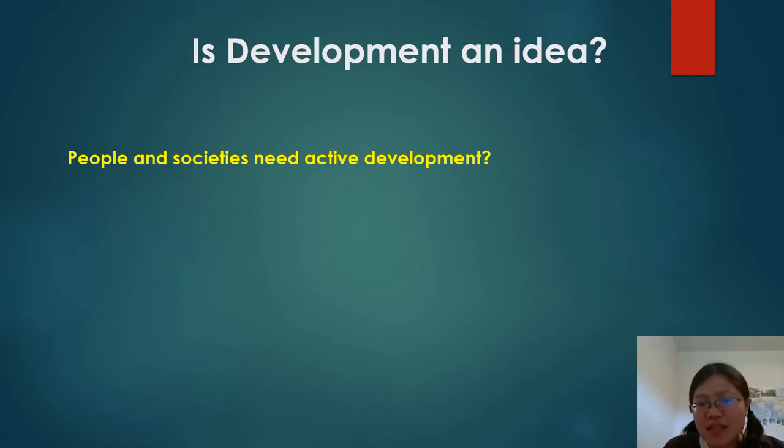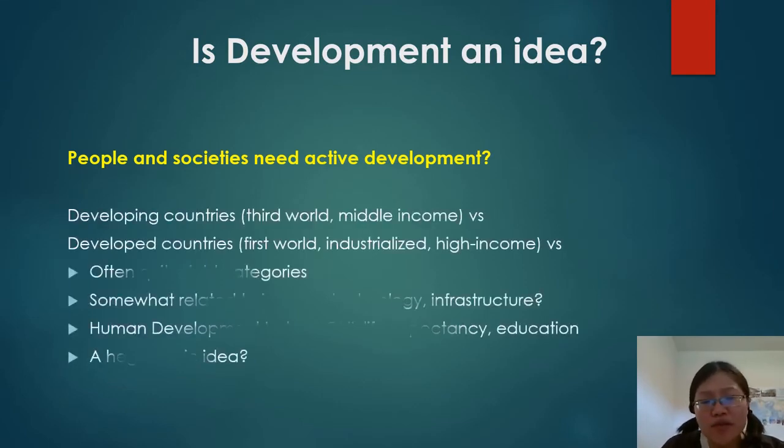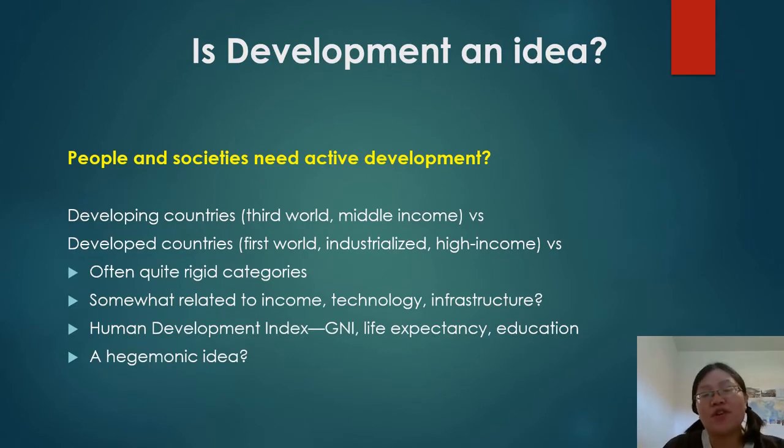If this is an idea, it is quite a widespread idea, as you can see from our quite common vocabulary of developing versus developed countries. People have used different terms over time, which they think might be more appropriate, such as the first world versus the third world, the industrialized versus the industrializing, the high income versus the middle income or low income.